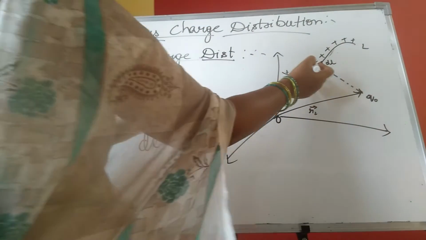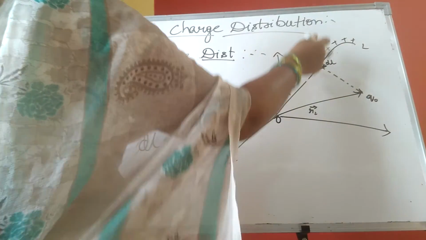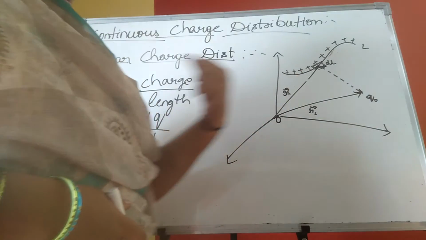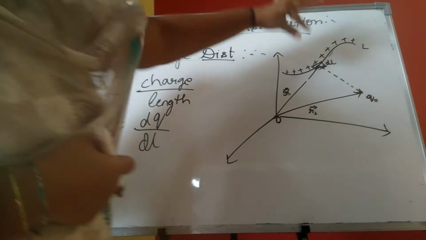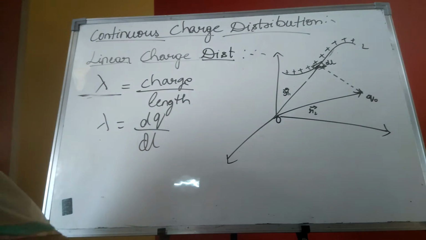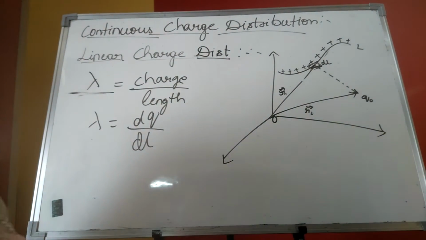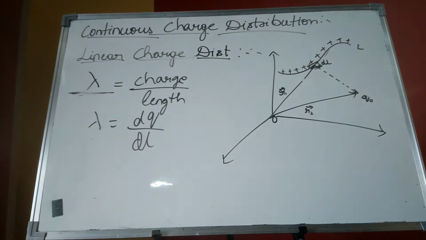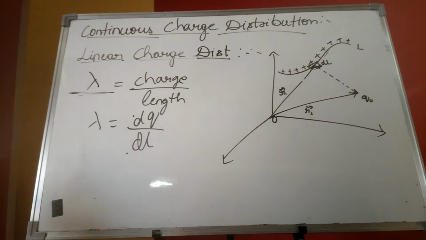Let dl be the small length across a linear charge, and let the charge distributed over this infinitesimally small length be dq. Then the linear charge density can be written as lambda is equal to dq by dl.